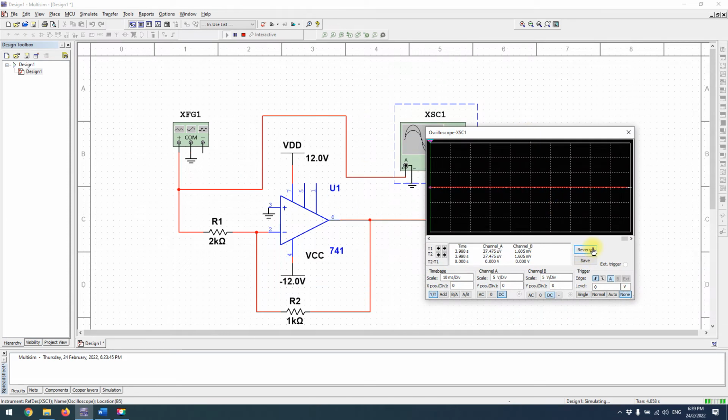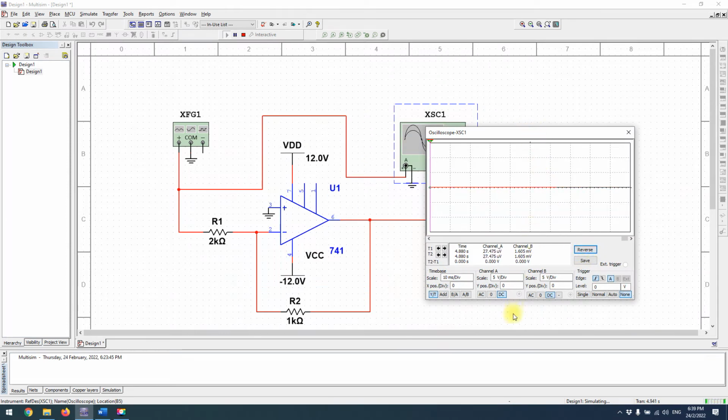Okay, so we're gonna reverse this, right? Now, since our voltage is just 0.5 volts, we're gonna make sure we reduce our input channel. Okay, I think I made a mistake over here.